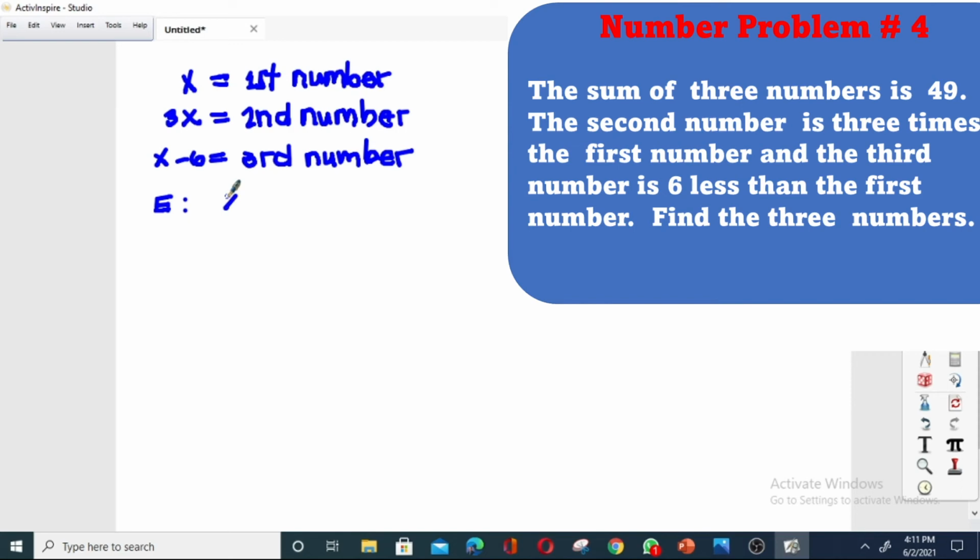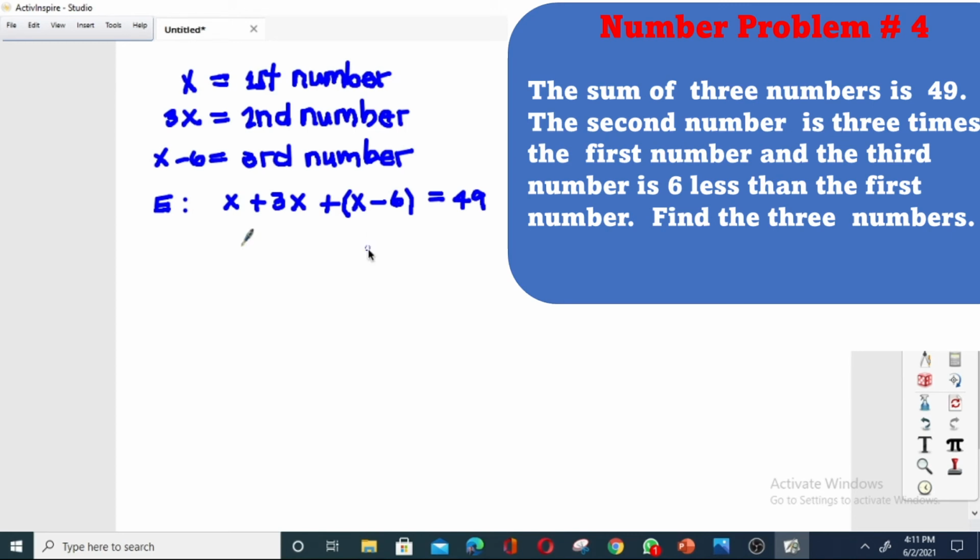So x plus 3x plus x minus 6. So let us put parentheses here, is equal to 49, based from sentence number 1.